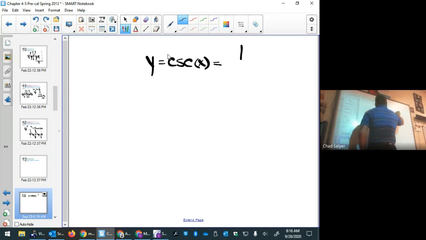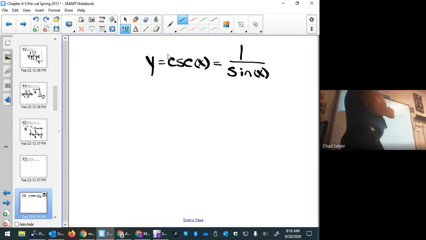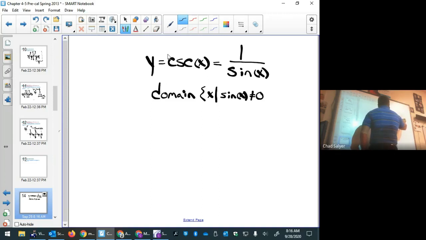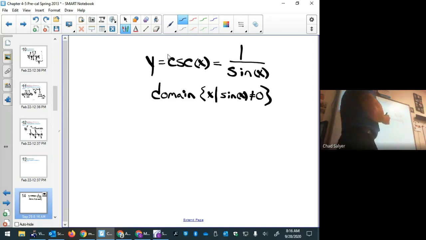And remember, that is the reciprocal of sine of x. So the domain is going to be x such that sine of x is not equal to 0. So we can't have the zeros of sine.